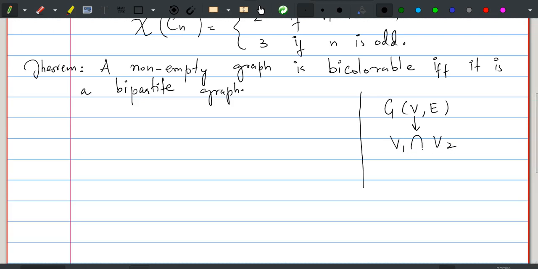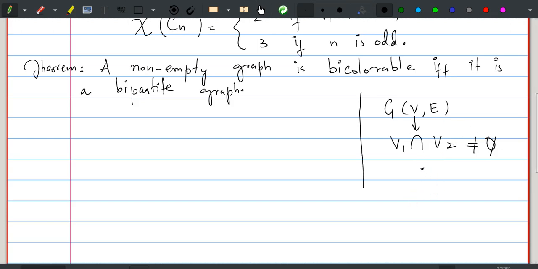So their intersection must be empty, and both sets V1 and V2 must be independent, i.e. no two vertices in V1 are adjacent and no two vertices in V2 are adjacent. Then in that case we say G is bipartite.